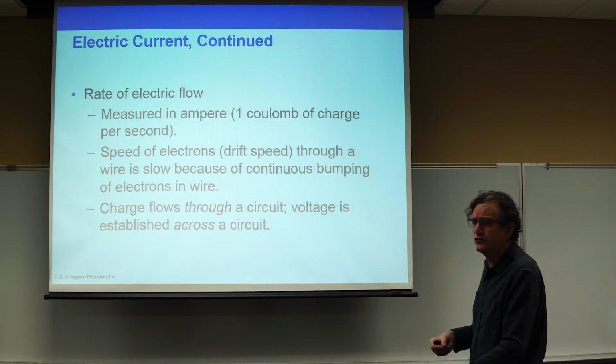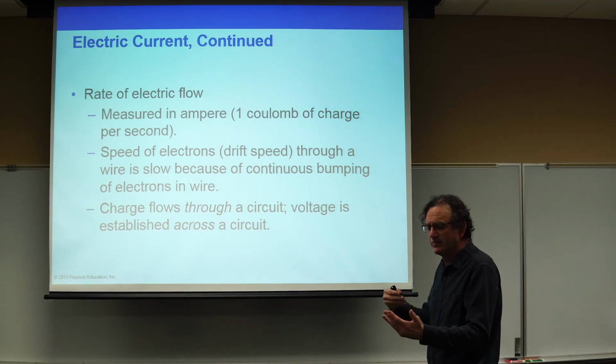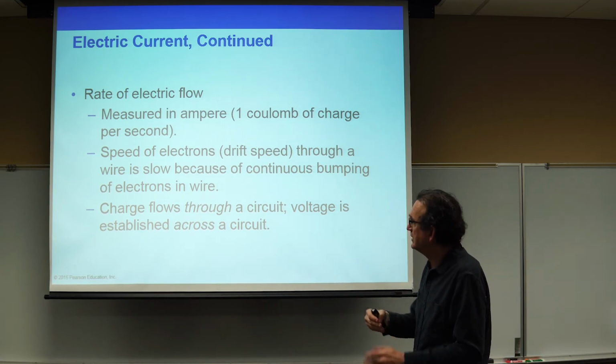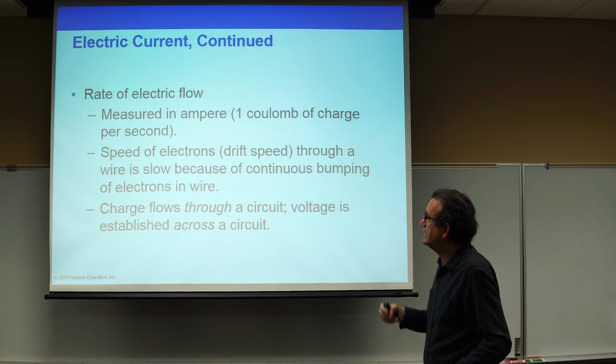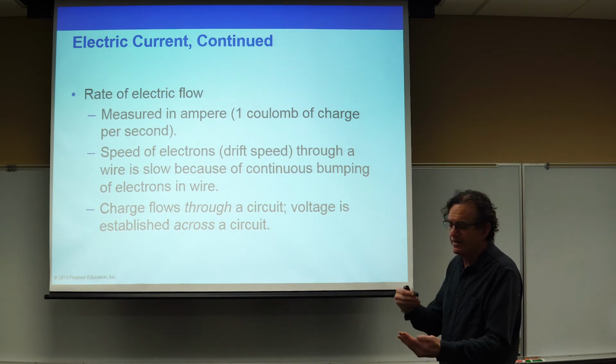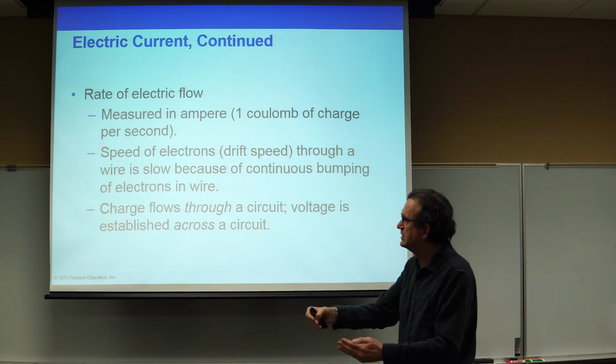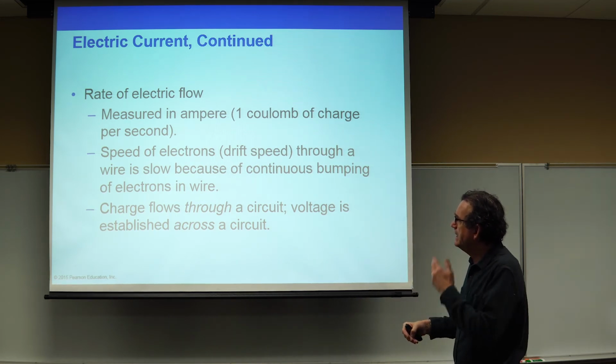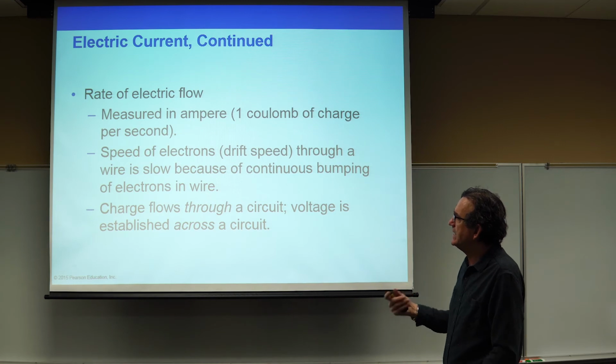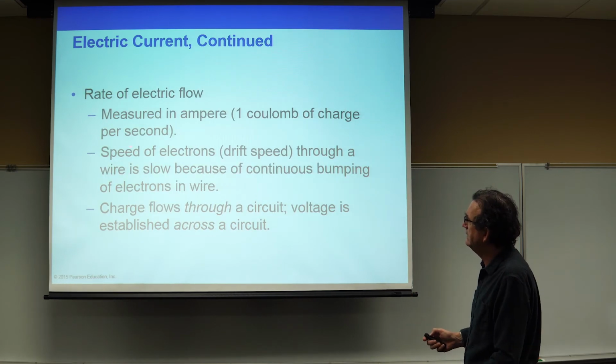But as they try to do so, the electrons end up colliding with the atomic nuclei in the wire, and this causes them to slow down. Then they get accelerated by the electric field, and they bump and slow down again. So it's continuous bumping, which gives a very slow speed of the electron.